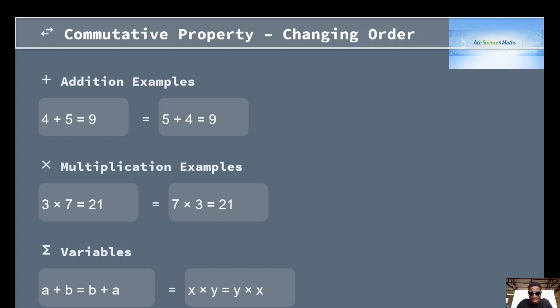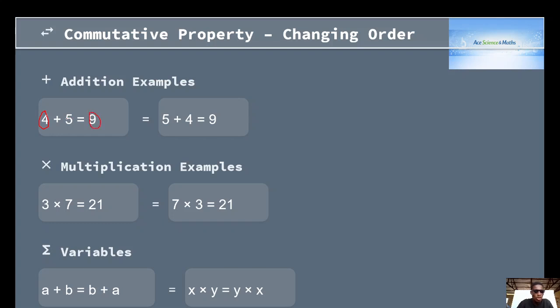So what it means is that when you change the position, the order at which a number or an expression or an equation is given, when you change that order, as far as addition and multiplication is concerned, there is no change in the result. So when you look at 4 plus 5, it gives us 9.